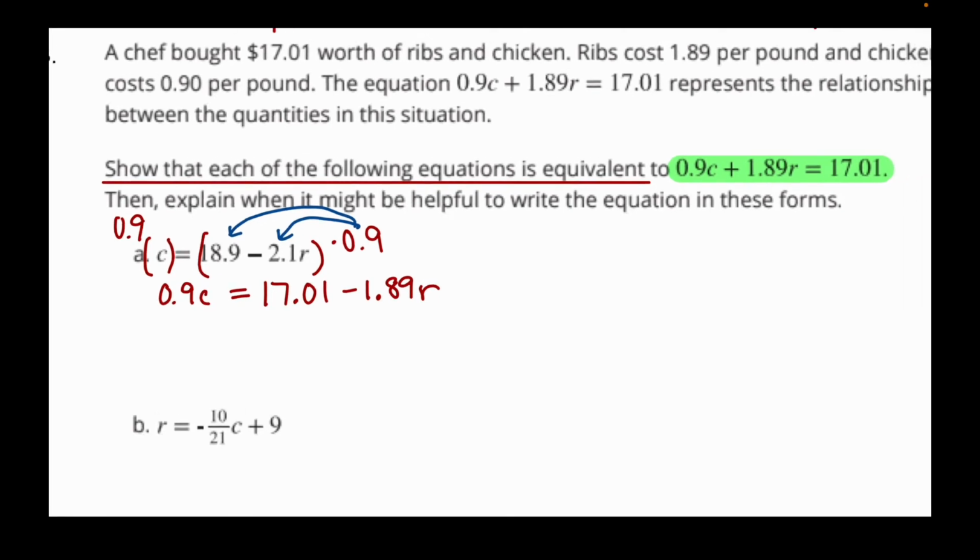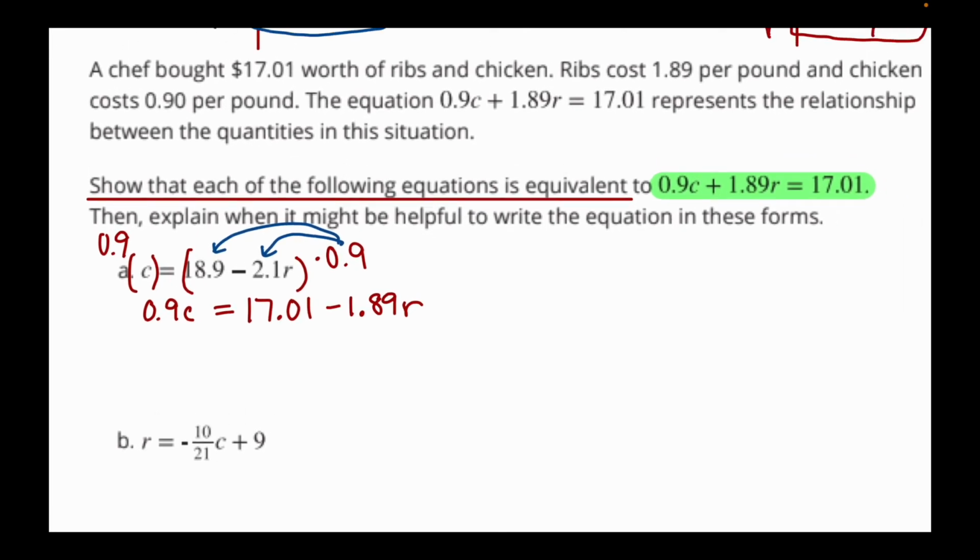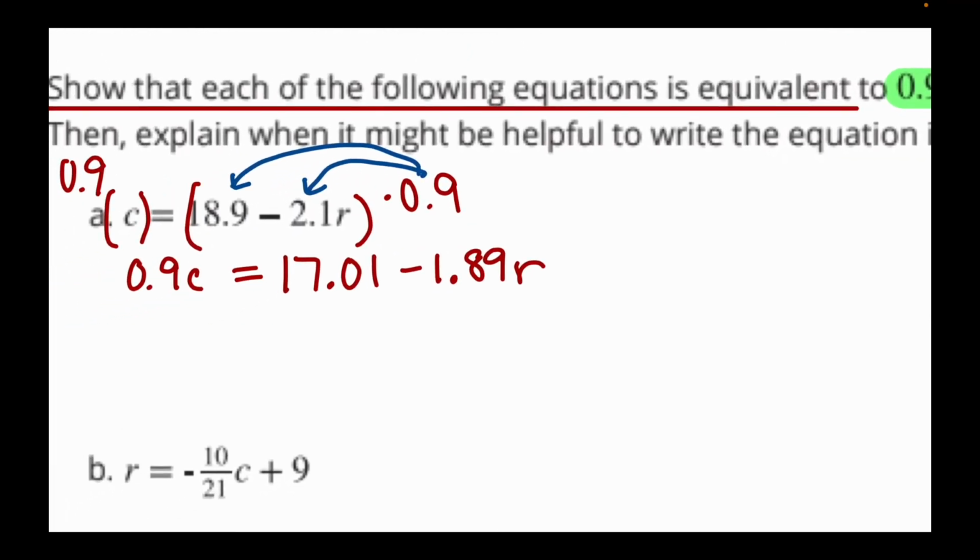The only thing that's different here is C is still on the left and R is still on the right. So what I need to do is actually add this negative 1.89. I'm going to add 1.89R to both sides. And that way, that's going to remove it from the right.